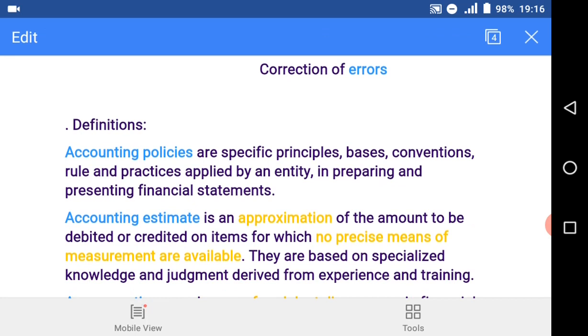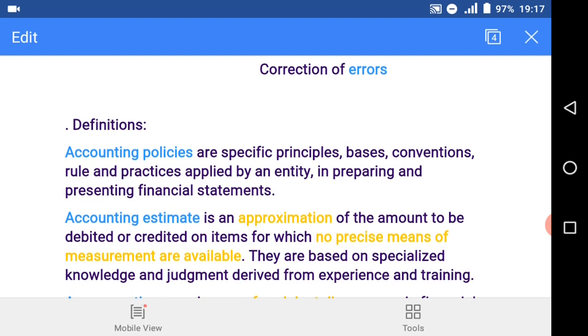And the first definition we have here is accounting policies, and it says accounting policies are specific principles, bases, conventions, rules, and practices applied by an entity, an organization, in preparing and presenting financial statements. Now, the policy, just like the word policy, is what the financial statement is based on.